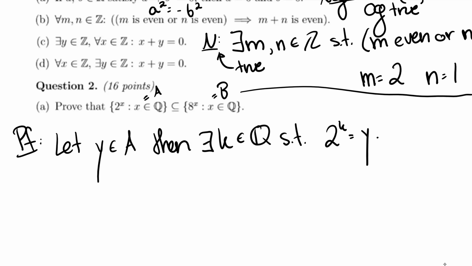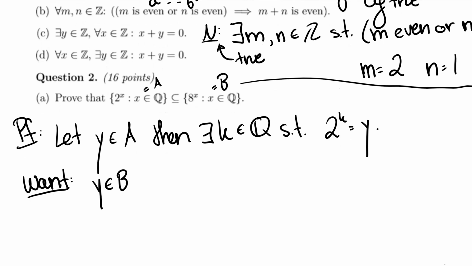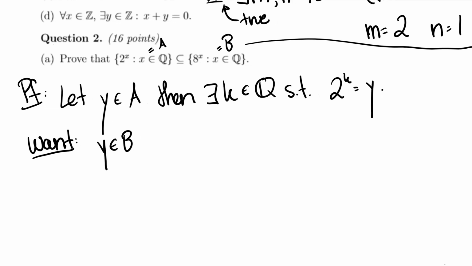Interesting. Okay. Well, what do I want? I want y to be in B. Well, what does that mean for y to be in B? Then there exists maybe some L in the rationals such that 2 to the L equals y.